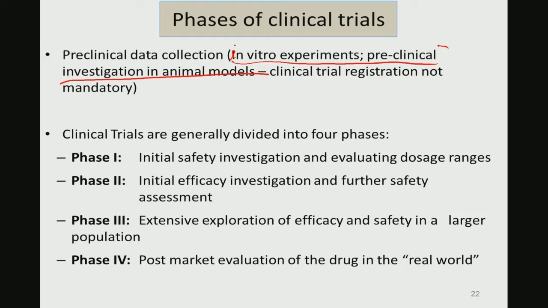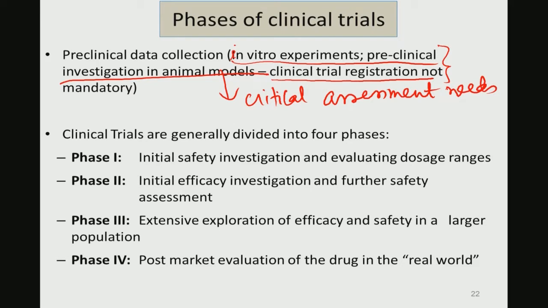To conduct this initial stage of analysis, clinical trial registration is not mandatory. However, the critical assessment of these results needs to be done together with clinicians.